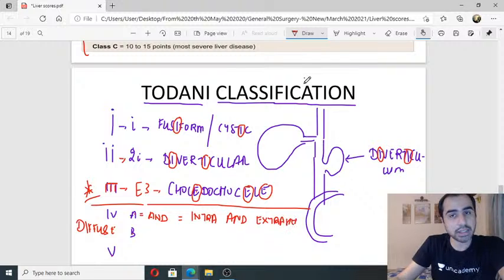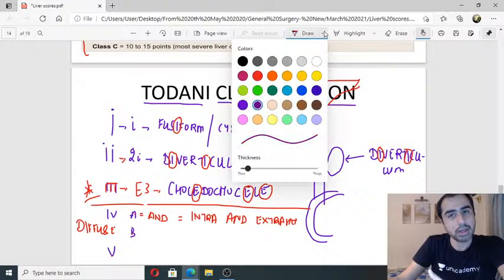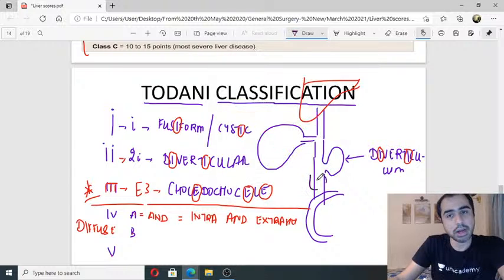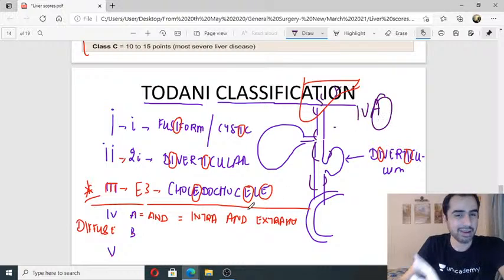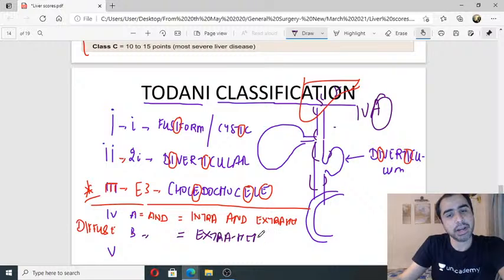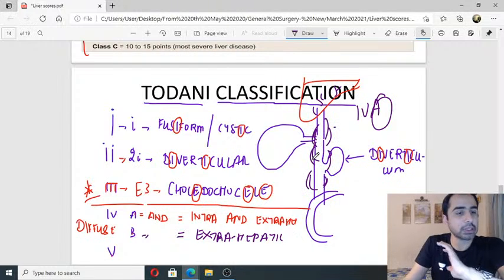If the dilatations are both outside and in the intrahepatic bile ducts, that is going to be 4A. Remember, A stands for and. B will be only extrahepatic. तो उसमें सिर्फ extrahepatic biliary tree is going to be diffusely dilated.